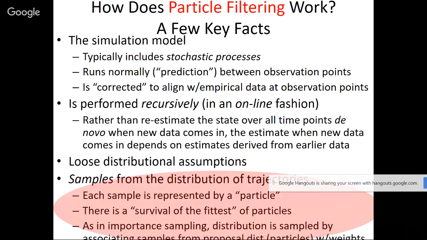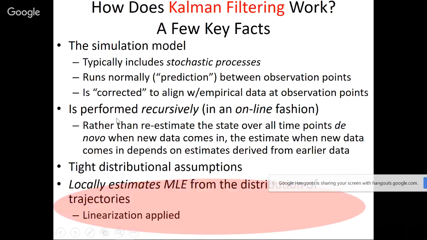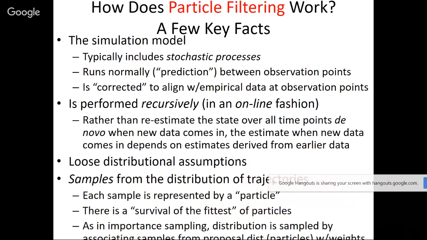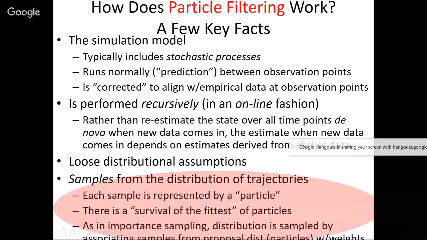By contrast, particle filtering has many shared components. You notice going back and forth here, these top two points are basically the same. The difference is particle filtering has loose distributional assumptions, and instead of carrying around a single estimate with a covariance around it, it represents, operationally, a distribution of trajectories.